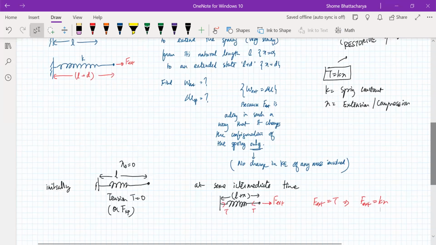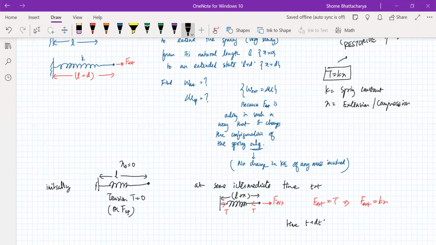Now at time t plus dt, suppose the spring has got extended a little bit more. The extension has increased by dx. So in the process, this small displacement dx in this direction.